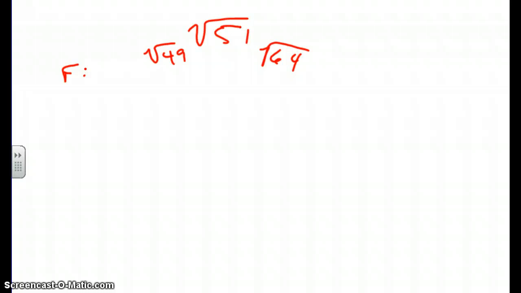It's closer to 49, which is, the square root of 49 is 7. So we're going to say 7 point something. And it's closer to 49 than it is to 64. So if it was halfway between, our estimate would be 7.5, but it's closer to 7. So give me your estimate. Rather than 7.5, it would be, right? 7.2. So there's our estimate.